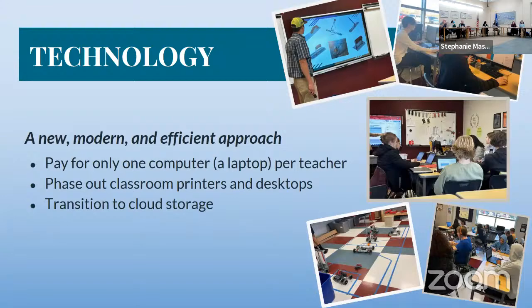So we have to be realistic. But in being realistic, we can be optimistic about the future and move in a direction we should be heading anyway. So here are three major things that we're going to do, and we're going to have to let the teachers know this. Nothing's changing overnight.